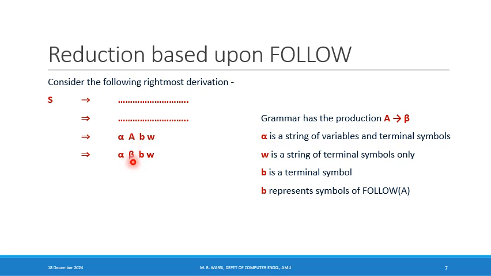So when I do this reduction, small b will be the next symbol, which is the symbol there in the follow of the variable capital A. So that is why we are performing the reduction based upon the follow in the SLR parsing table.